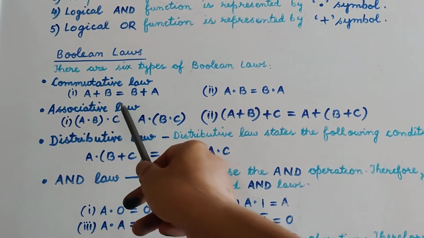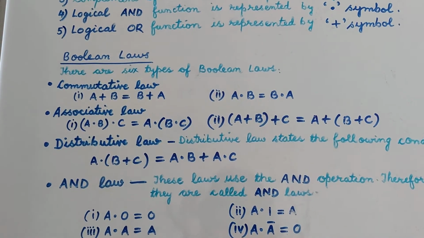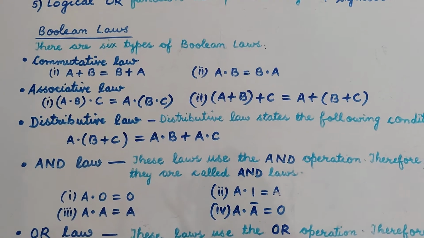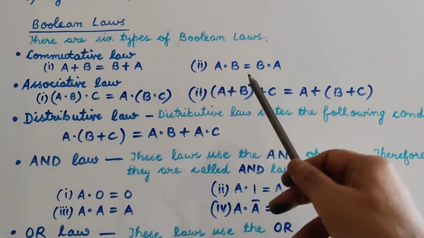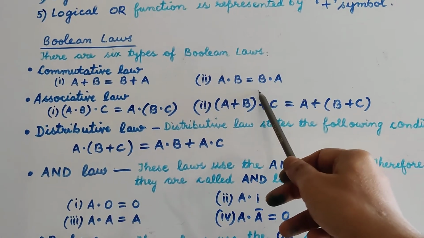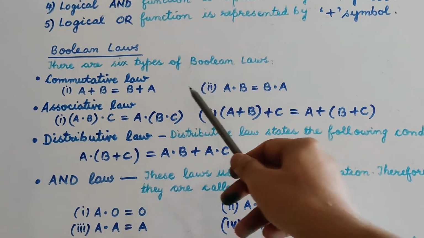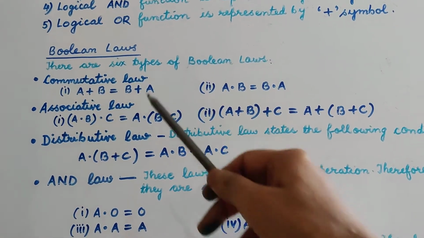So, if this condition is satisfied, then it is known as the commutative law. Similarly, in multiplication, a dot b will be equal to b dot a. This is the commutative law of multiplication, and this is the commutative law of addition.